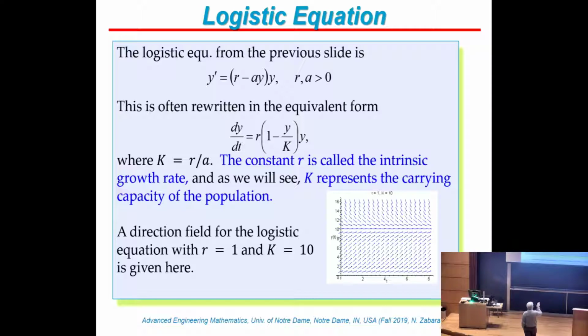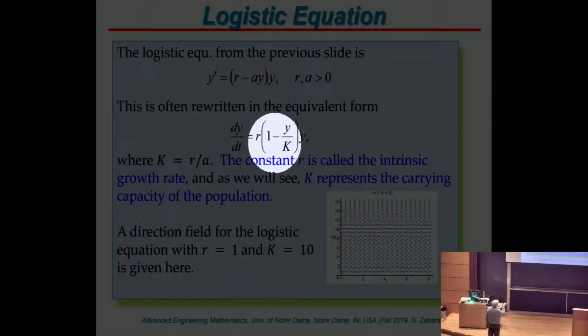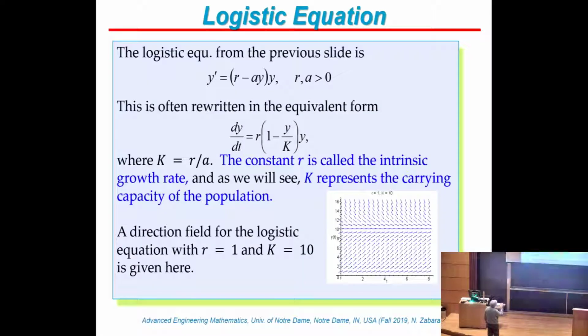If you do this direction field, this is what you get, okay? So if you evaluate the right-hand side the way you have done in the homework for different values of y, this is what you get. I want you, without doing any algebra, no calculations, to look at that picture and summarize for me the nature of the solutions here.